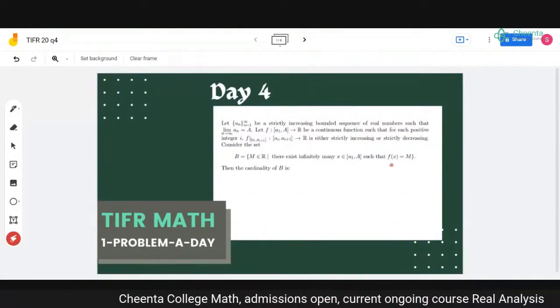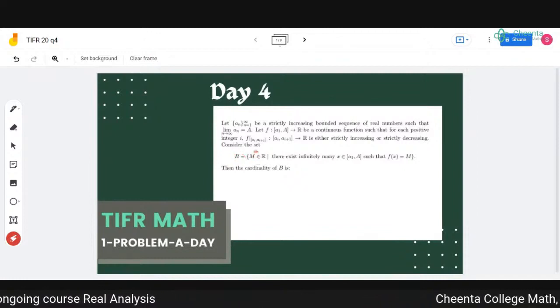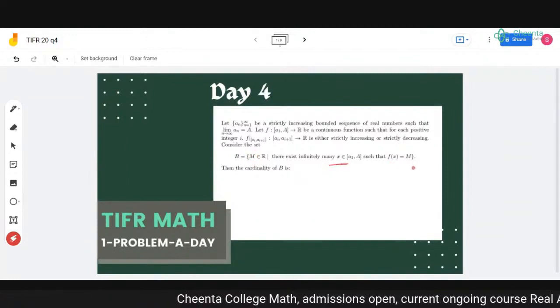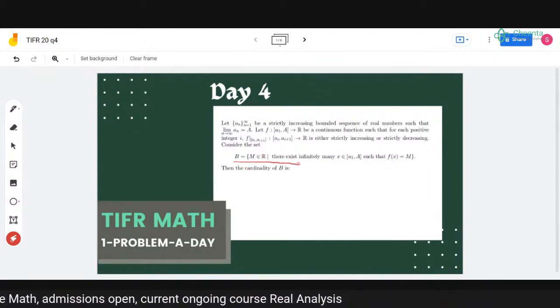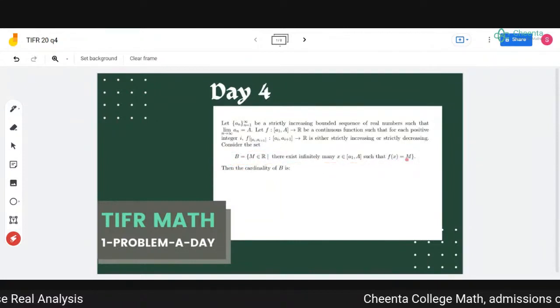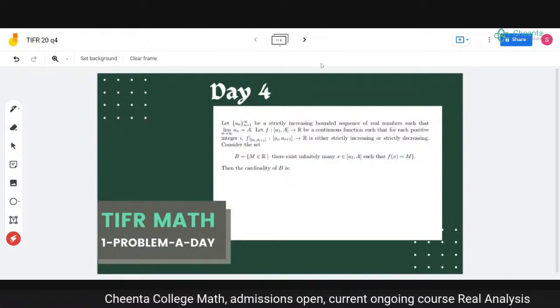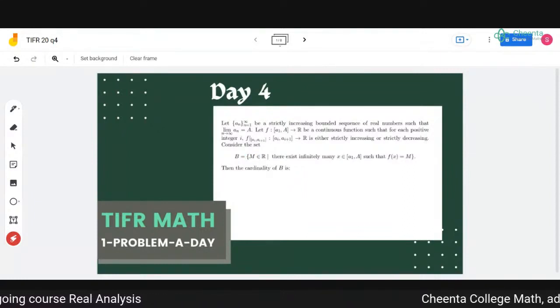You see that? Because if f itself is injective, then the set of points in R such that there are infinitely many x which make f of x equal to m is empty. There are no such points, because if f is injective, then there cannot be infinitely many x such that f of x is a single number. The injectivity prevents that from happening.